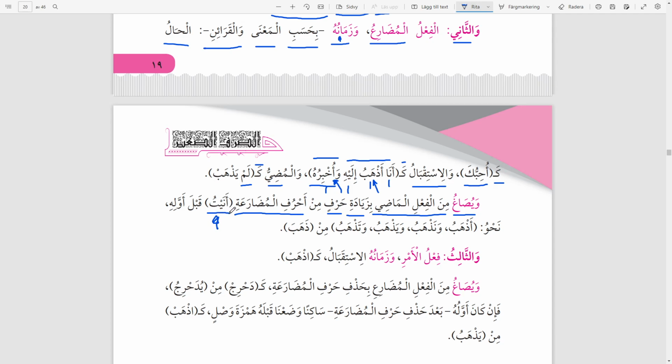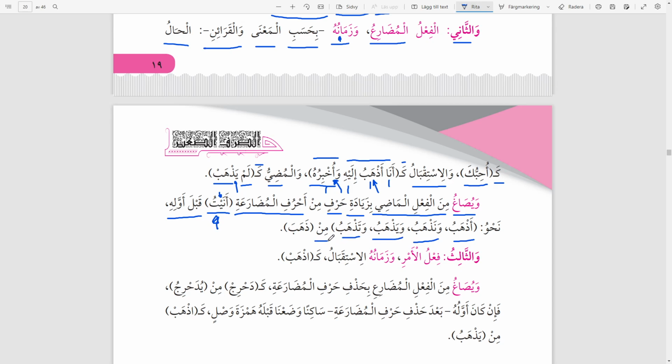Can be memorized easily by saying Anaitu, before the first letter. So, for example, ذهب, you can add Ya, right? So this is one of the حروف المضارعة, like أذهب, نذهب, يذهب, and تذهب.